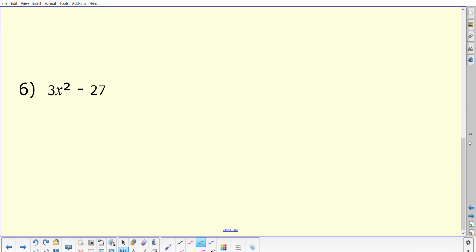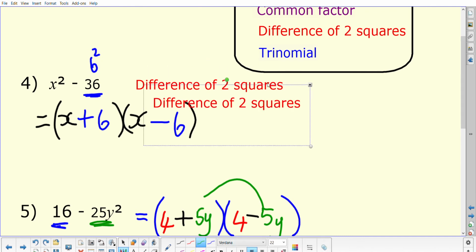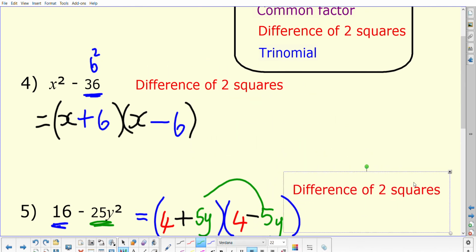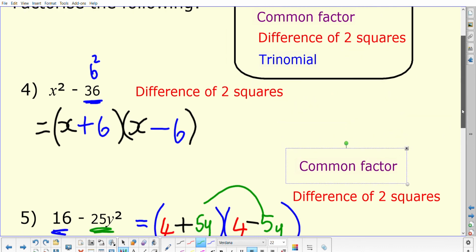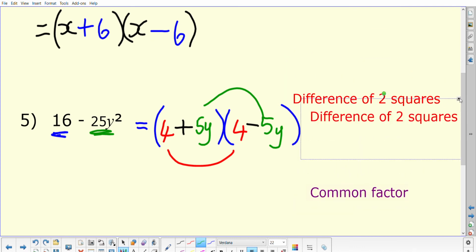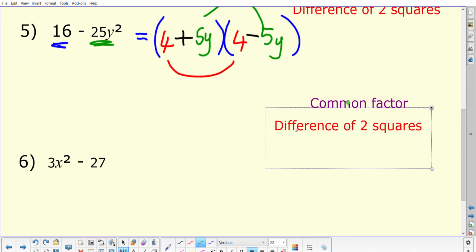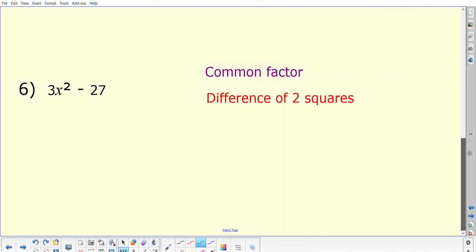Sometimes we've also got, so they were both difference of two squares, right? So that was a difference of two squares. This next one at the bottom, you will see actually we're going to use two types of factorising for this one. So you'll see that there is a common factor with this of 3.